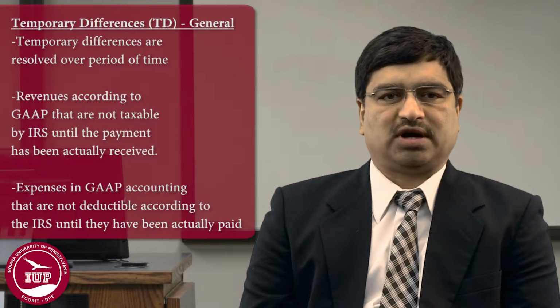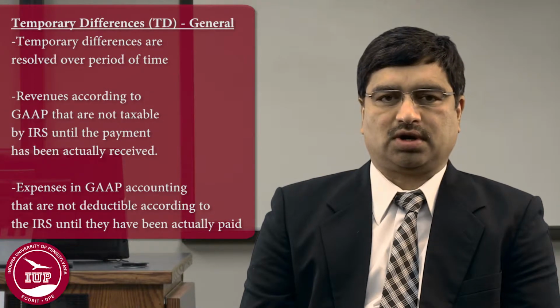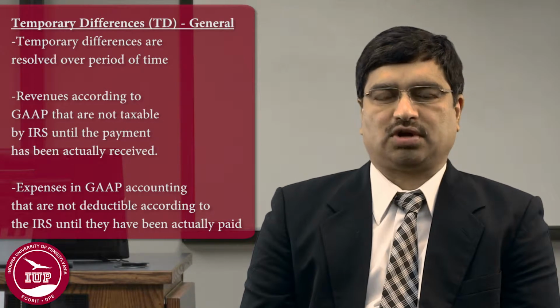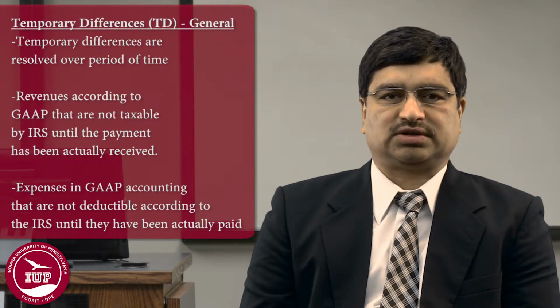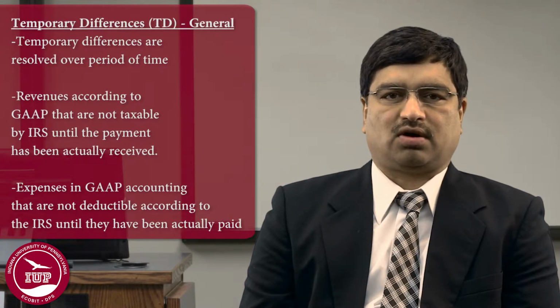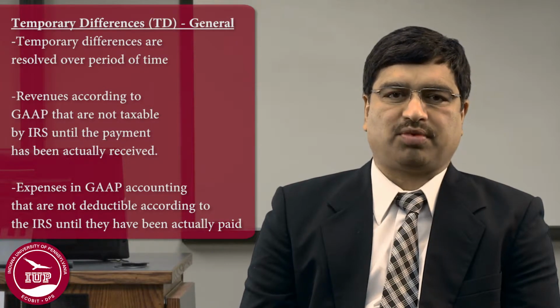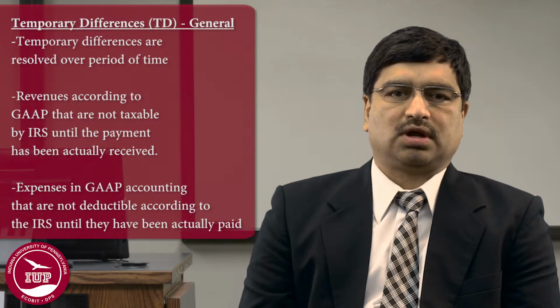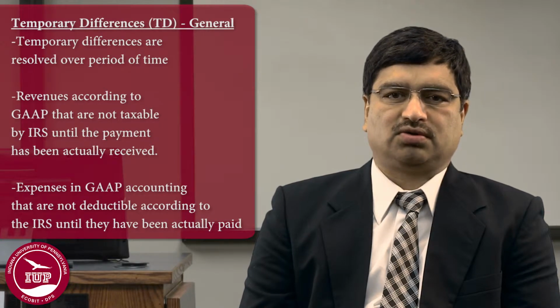Or you might have expenses in GAAP that are not deductible according to the IRS until they have actually been paid. In some cases, the IRS will not allow certain expenses to be deducted unless and until they're actually paid. But under GAAP, because of accrual accounting, you might have incurred those expenses.